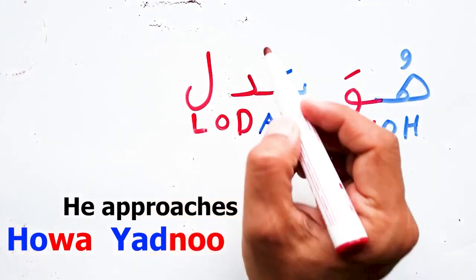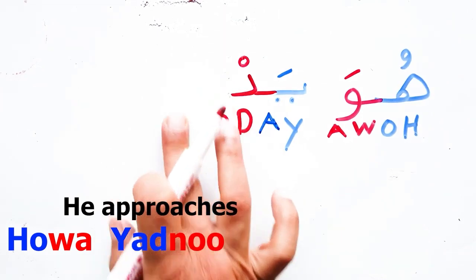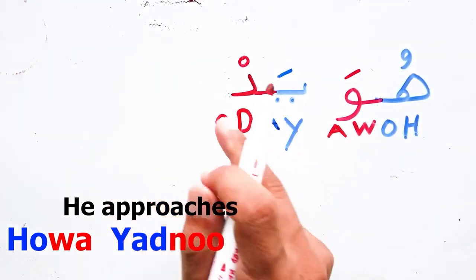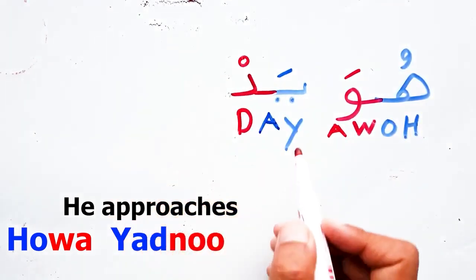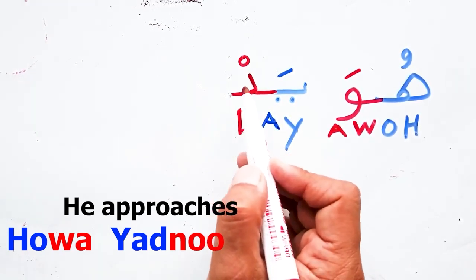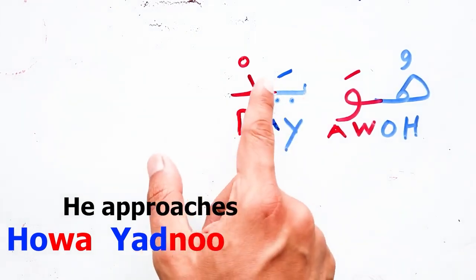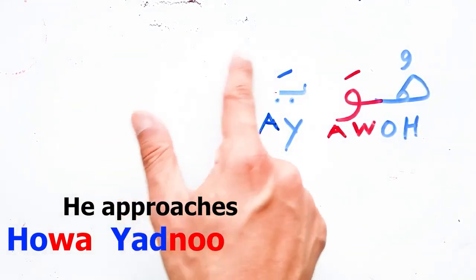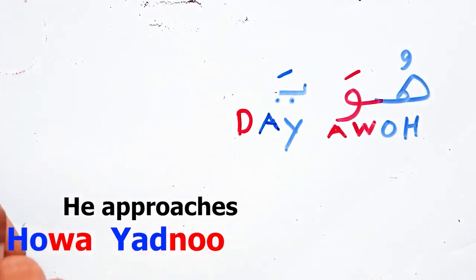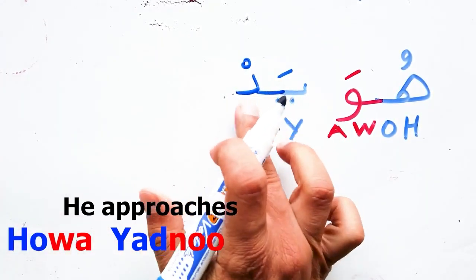So I must pause here. So I will add sukun. Let's remove this part. And now sukun, I must remove this O. And I will pause here. So this dal, or this sound of D, must be in the same syllable with ya. So I'm gonna write it in blue, like this. Okay.